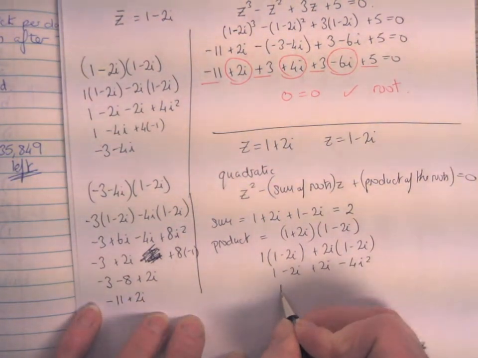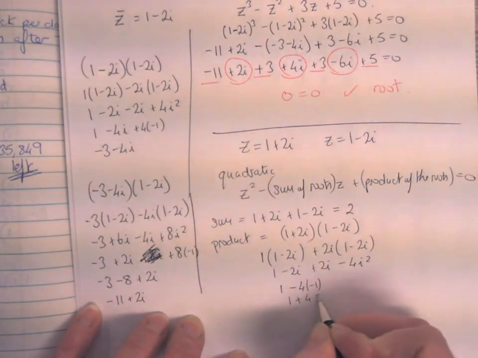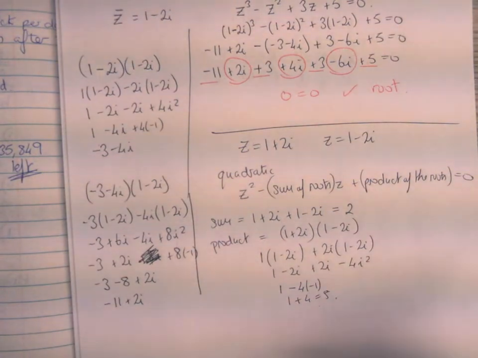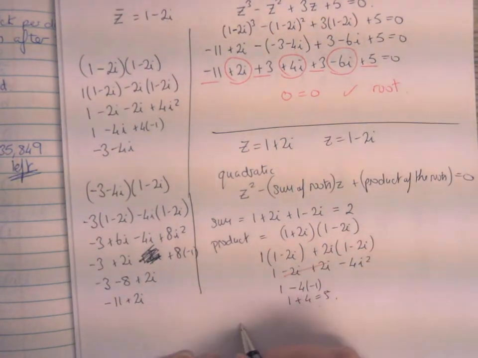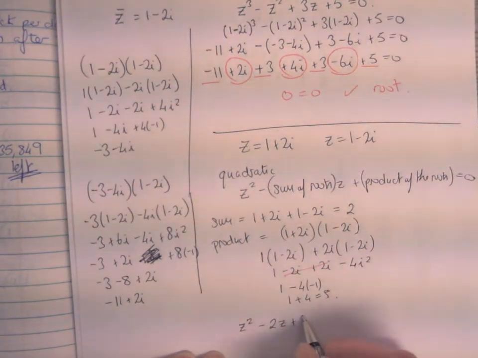So 1 minus 4 times minus 1, so 1 plus 4, which is 5, because my middle terms cancel each other out. So my quadratic becomes z squared minus 2z plus 5.